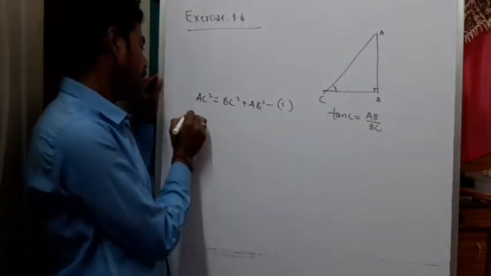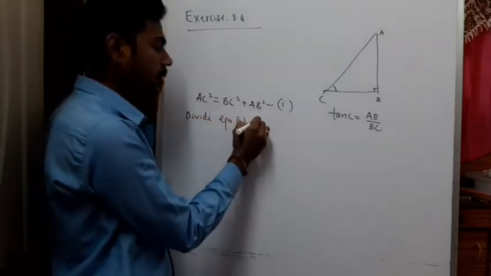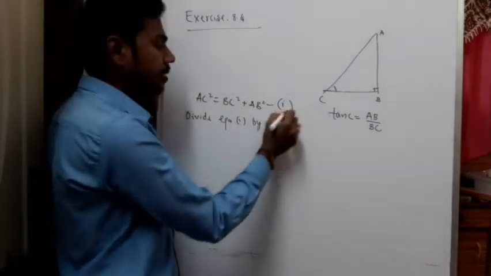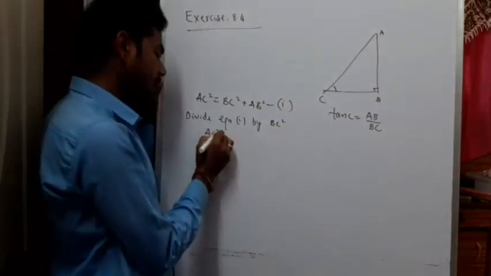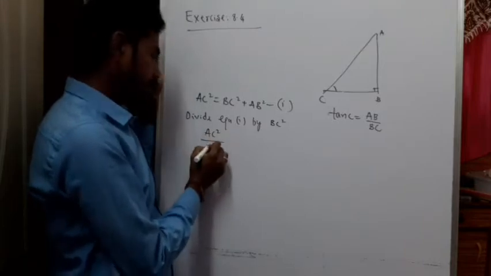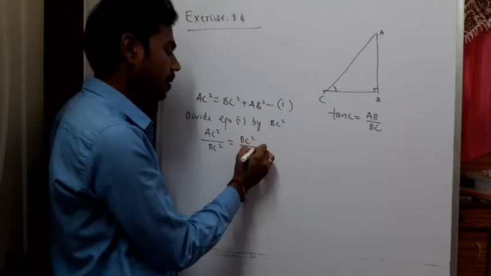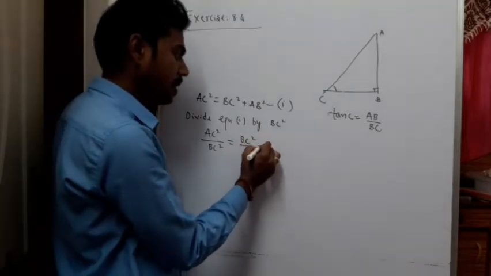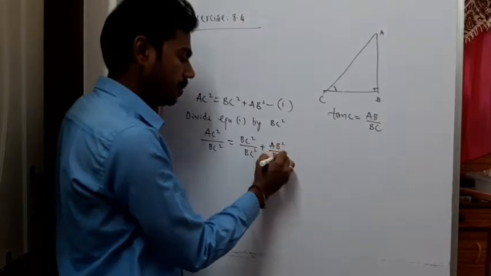So, divide equation 1 by BC square. AC square divided by BC square is equal to BC square divided by BC square plus AB square by BC square.